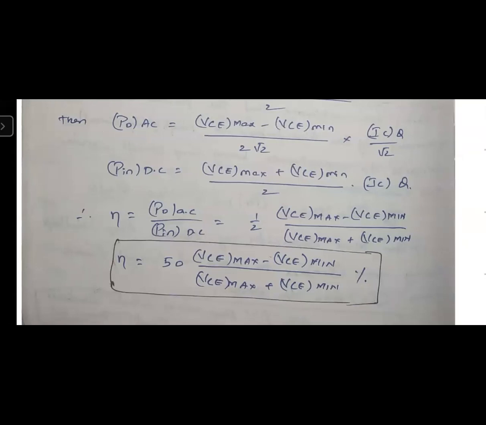This is 50%. అంటే నాకు ప్రాక్టికల్ కన్సిడరేషన్స్ లో కూడా, if VC minimum is 0, we are getting 50%. If VC minimum is 0.2 volts, its value will be a fraction of 50. That is, the value will be either 49 or 46, like this. You are getting up to 48, 46%. It is approximately equal to 50%.